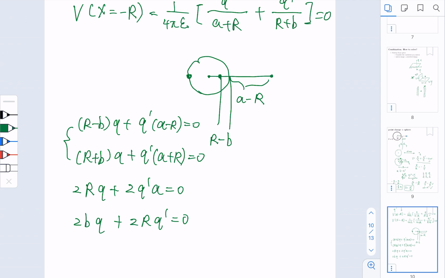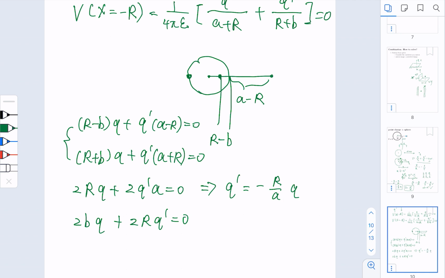Now we have two equations, and two unknowns, Q and Q prime. So the first one can give us Q prime equals negative R over A times Q.